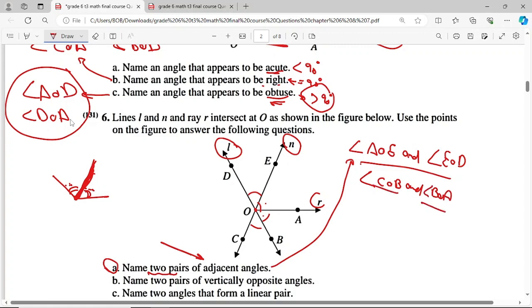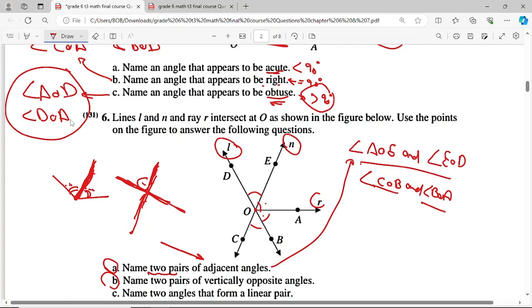Now, number B, name two pairs of vertically opposite angles. Opposite angles mean they have the same endpoint and their rays extend into the other rays. For example, let's say I have this angle, and this side is extended with another ray on the opposite side, and this ray is also extended on the other side.